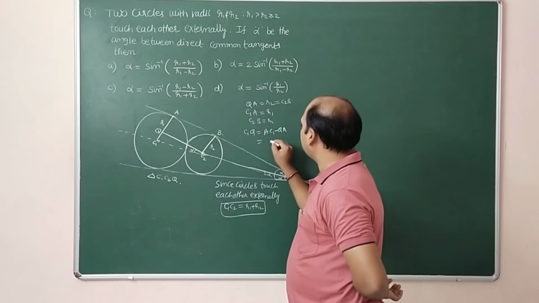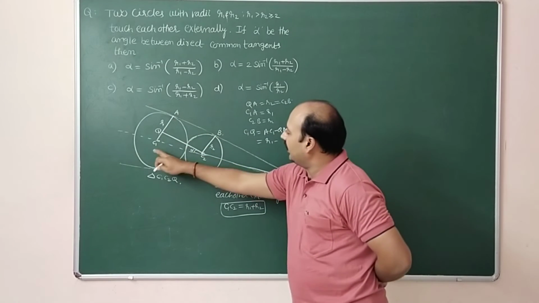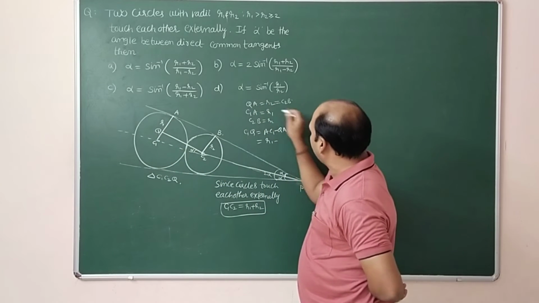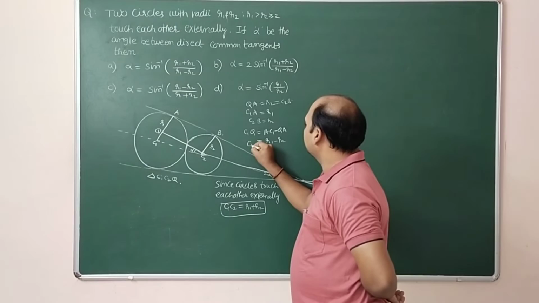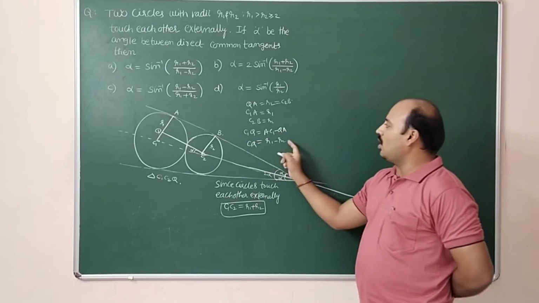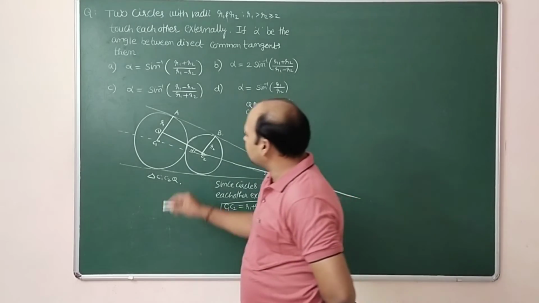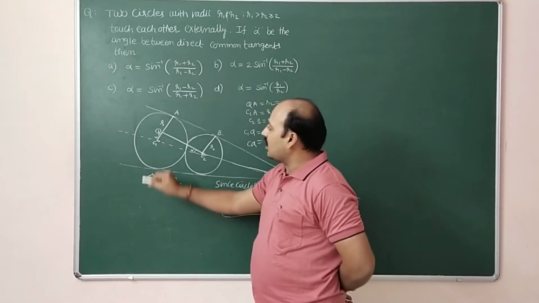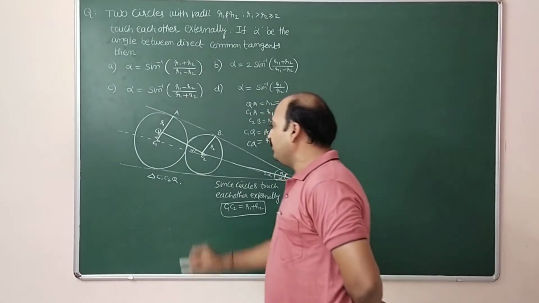AC1 means R1 minus QA, and QA is equal to R2. So C1Q is equal to R1 minus R2. Sir, why are you saying R1 minus R2 here? I will explain now. This value is R1 minus R2.